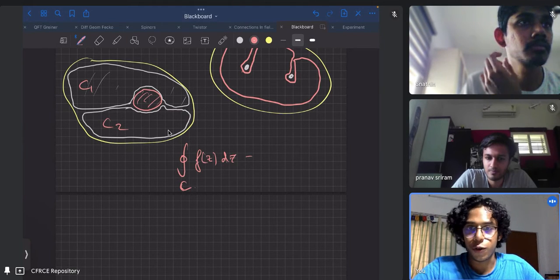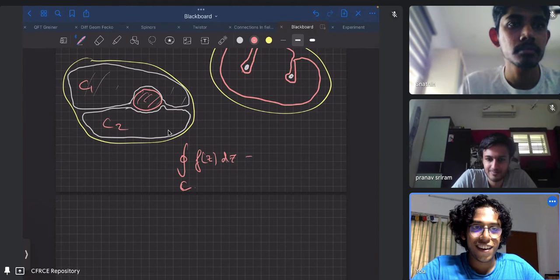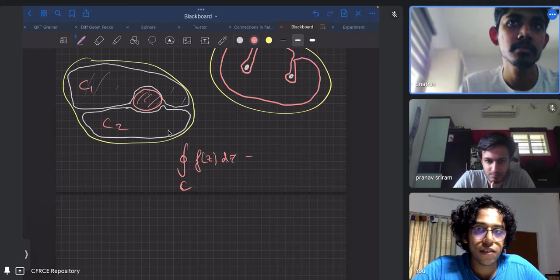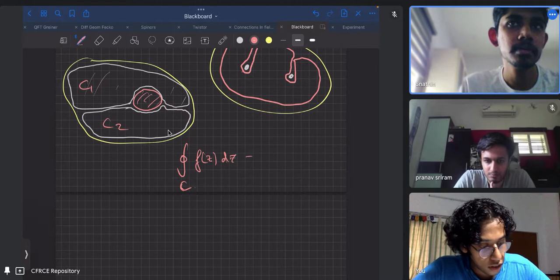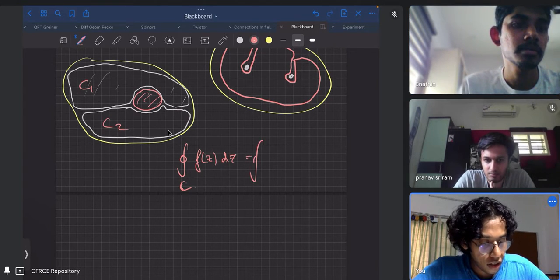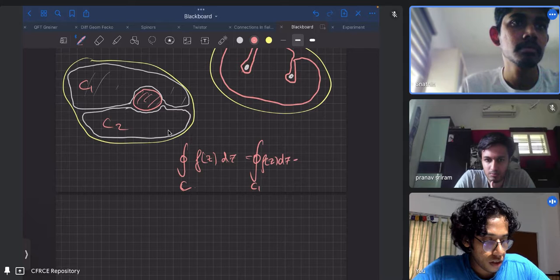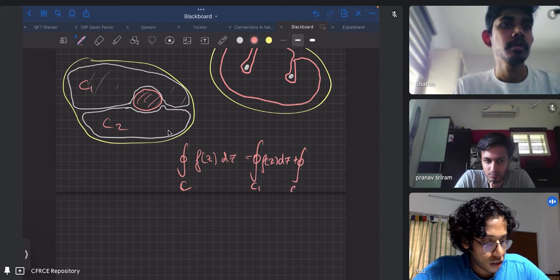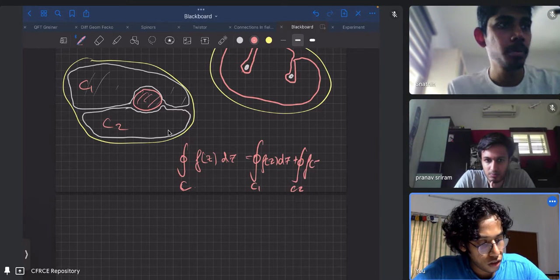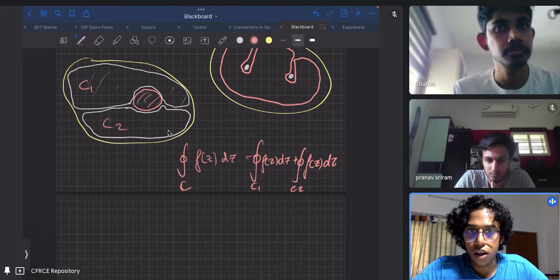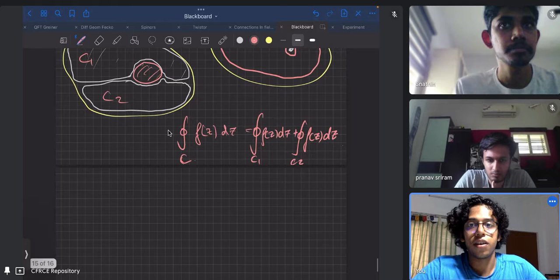Come on, you got this. Okay, that's good. So the integral of C1 f of z dz plus the integral of C2 f of z dz. Right? Now take the guess.